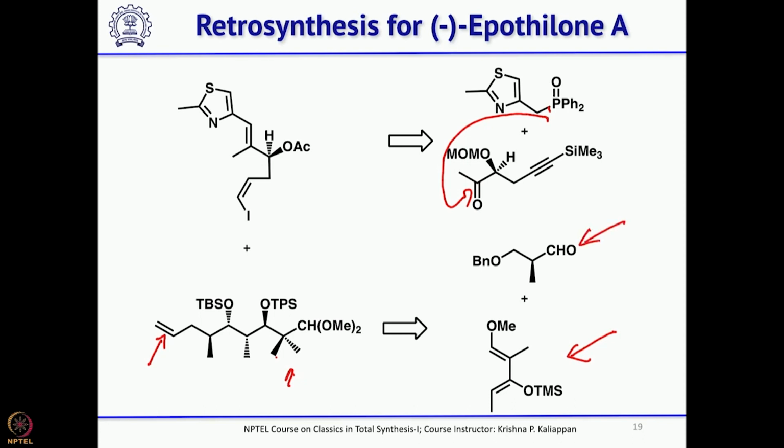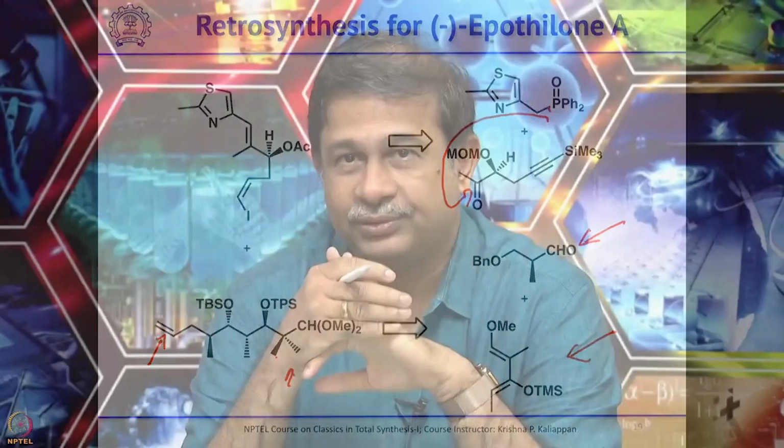So, overall, if you look at the synthesis of epothilone A reported by Danishefsky, hetero-Diels-Alder reaction, Suzuki coupling and aldol reaction. These are the key reactions he has used to complete the total synthesis of epothilone.